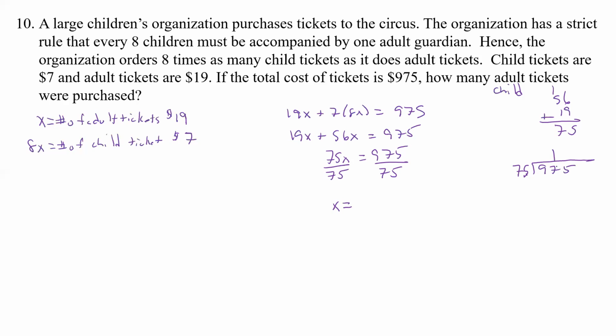Well, that'll only go in here once. That's 75. Subtract: 7 minus 5 is 2, 9 minus 7 is 2. Now we bring down the 5. If we take 75 times 5, that'll give us 375. That's too big. If we take it times 3, what's 75 times 3? That's 15, 21, 22, so it looks good. 3, so that's 225.